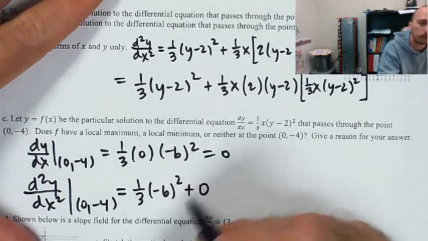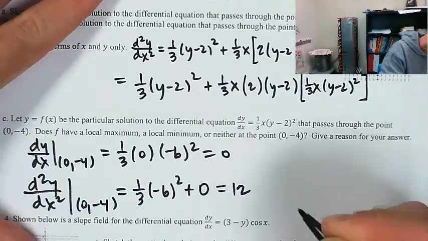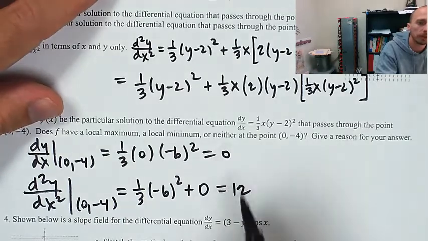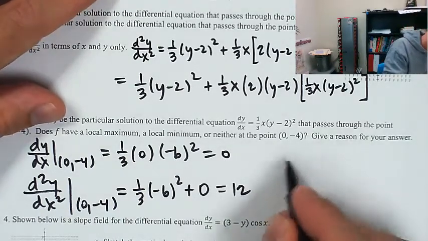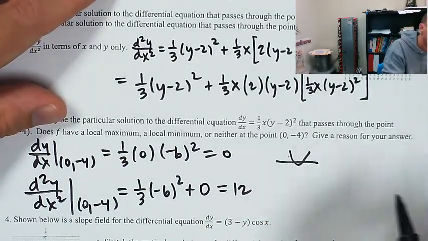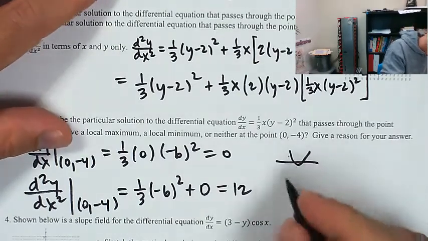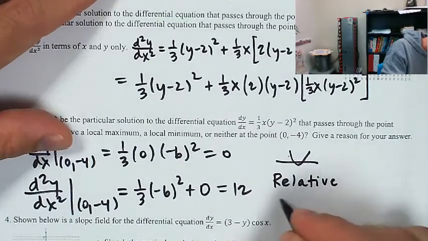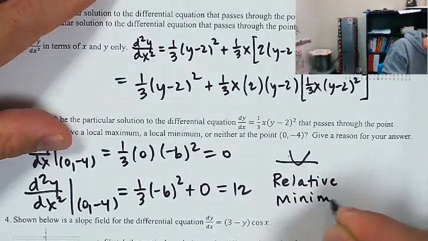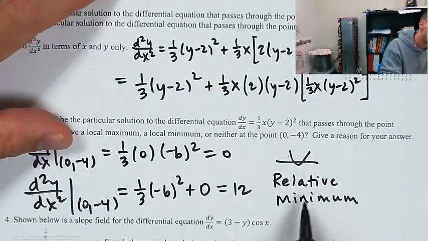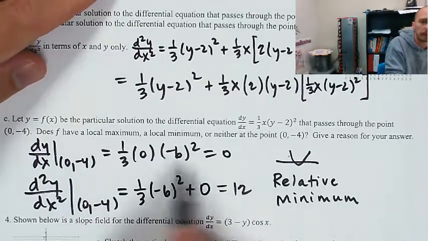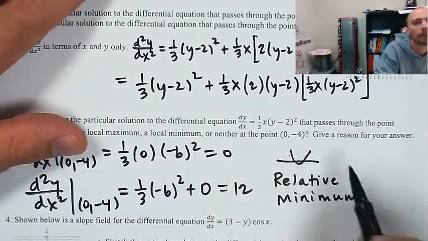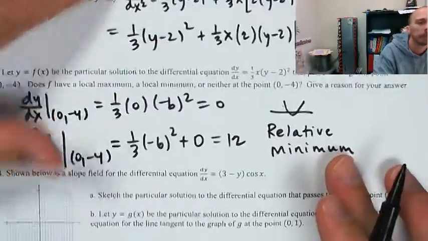Okay, 36 divided by 3 is 12. So as a result, since the derivative is 0 and the second derivative is positive, I'm sitting at a relative minimum. And remember that my reason is this work right here, not that. That's just to remind me that flat while concave up is going to be a minimum and not a maximum.